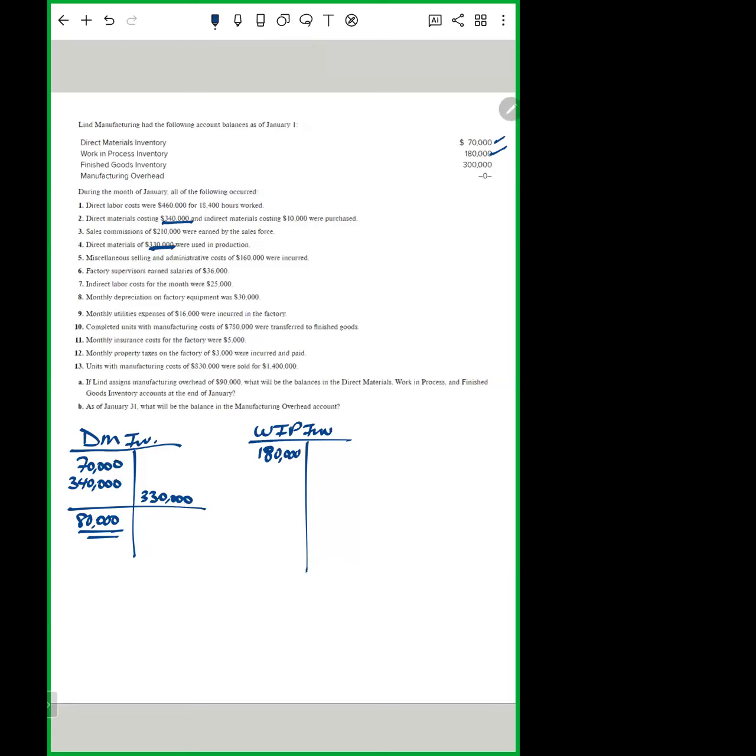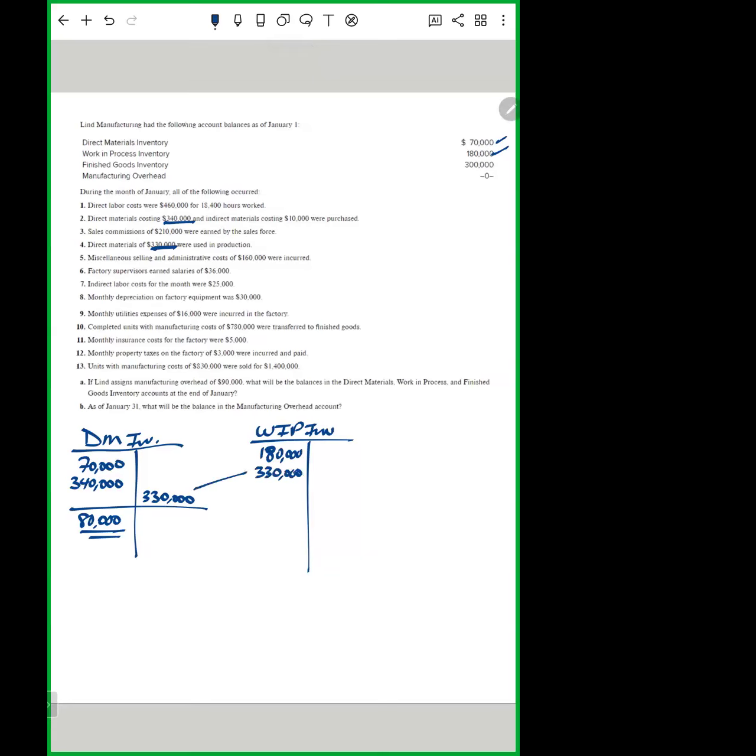It transferred out of direct materials into work in process. So we have 330 here. That came from there, right? And then we're going to have direct labor. So our direct labor, it says, was 460. And then the problem told us our manufacturing overhead was 90.